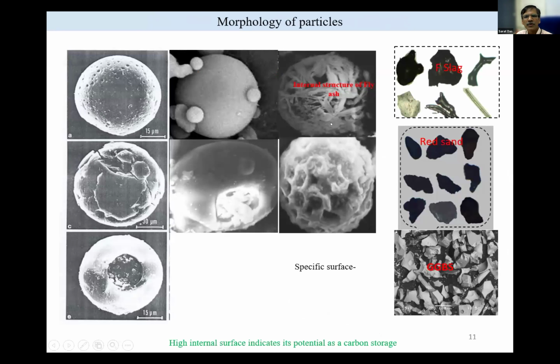So also we need to know its internal structure, if I want to say how much fly ash I can add in concrete or cement. This was the fly ash when I treated it with hydrofluoric acid just to see what is inside. You see there is an internal arrangement of crystal structure that is mostly mullite.